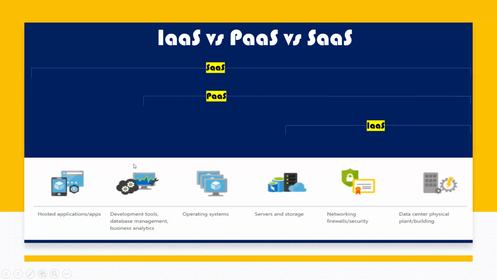SaaS means that an already developed application will be available in the cloud environment. It will have the software; with the software only, that developed application can run. It will have the environment setup, the storage, everything will be available.